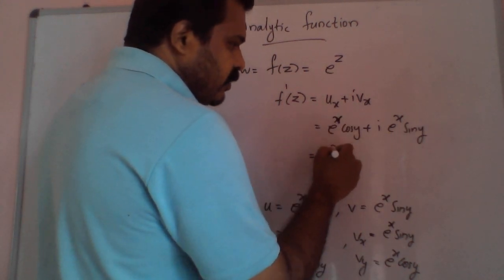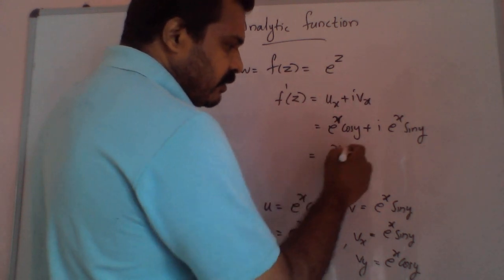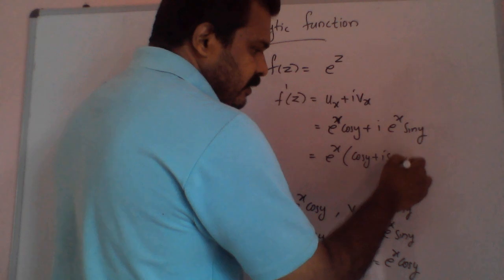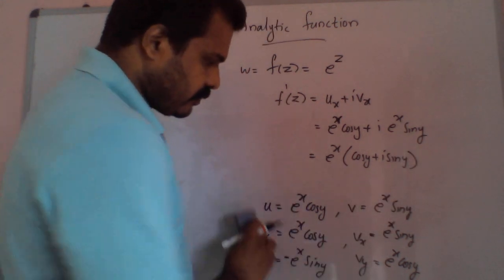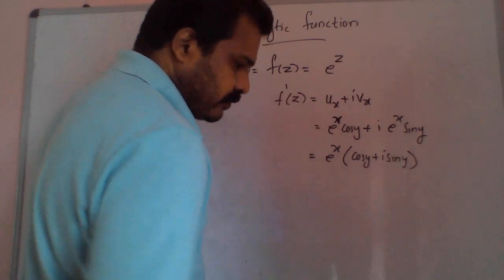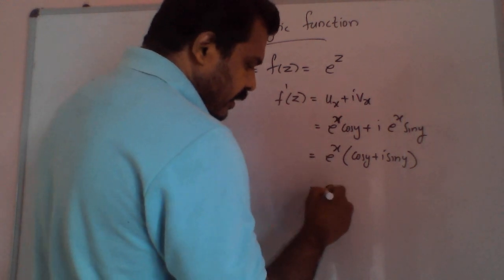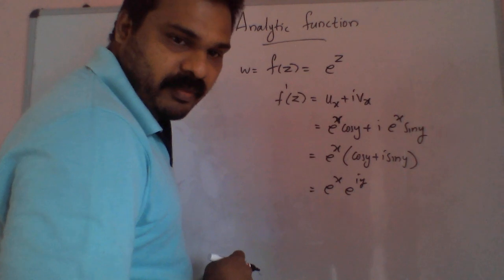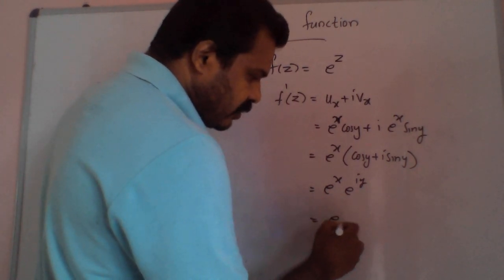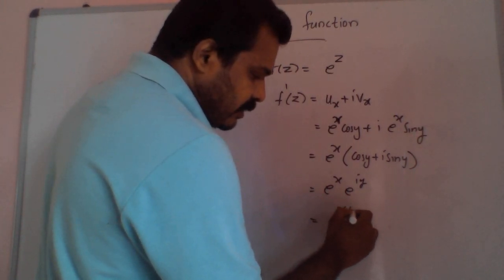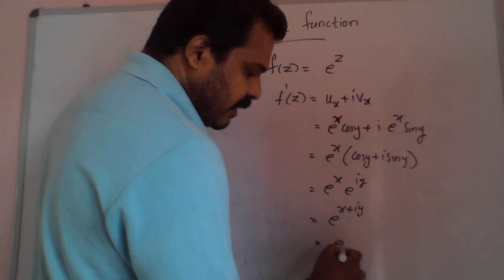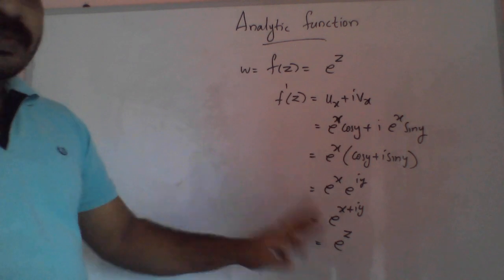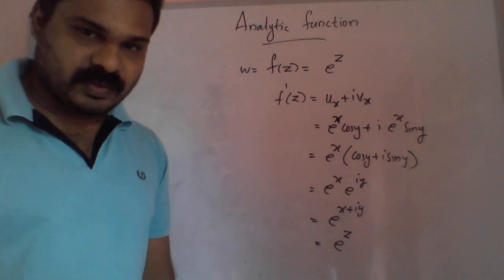Taking e^x outside, the balance is cos y plus i sin y. That is e^x (cos y plus i sin y) is e^(iy). Since e^a times e^b is e^(a+b), e^x times e^(iy) is e^(x+iy), which is e^z. So the derivative of e^z is e^z.